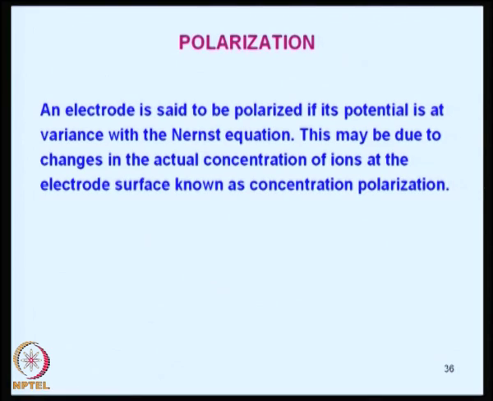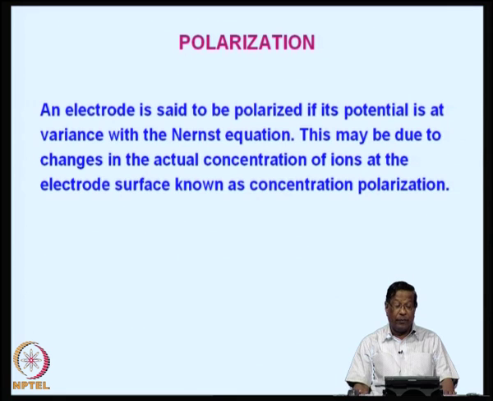An electrode is said to be polarized if its potential is at variance with the Nernst equation. This may be due to changes in the actual concentration of the ions at the electrode surface, known as concentration polarization. This is a very important concept.